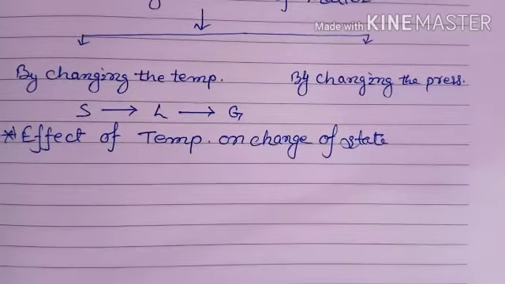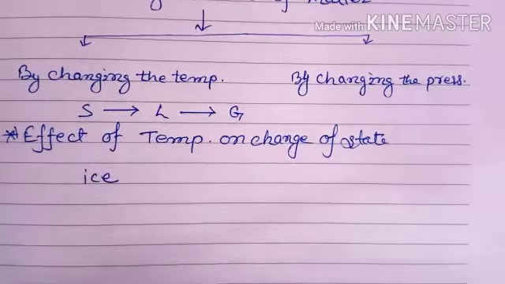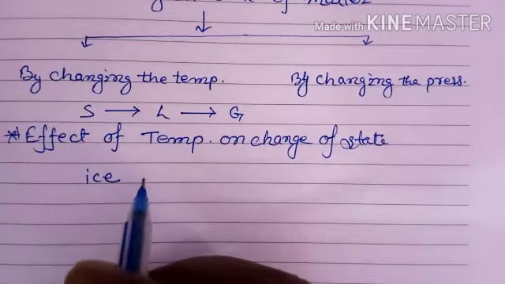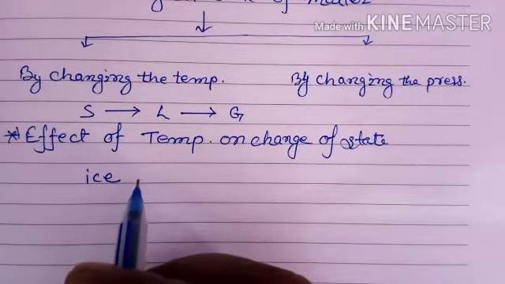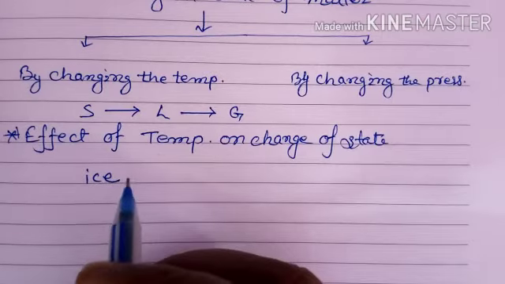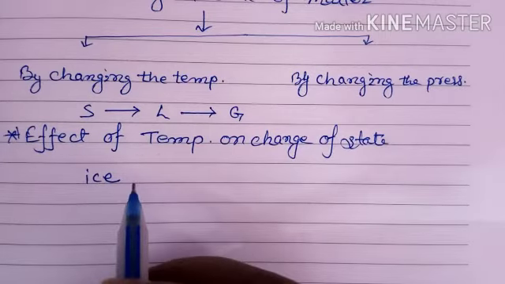For this, we'll take the example of ice. We know that ice can be converted into liquid and gas easily. So for this, we can do one experiment in which we'll heat the ice.